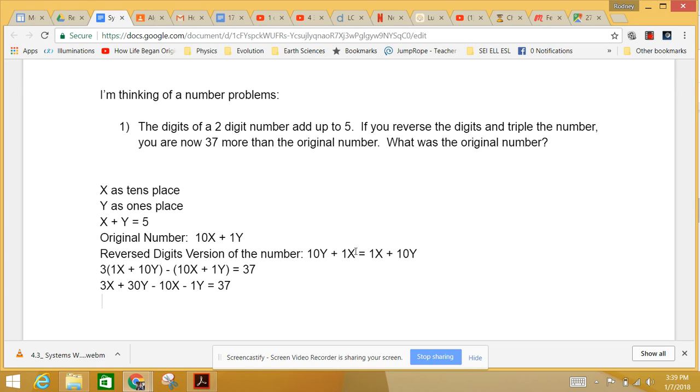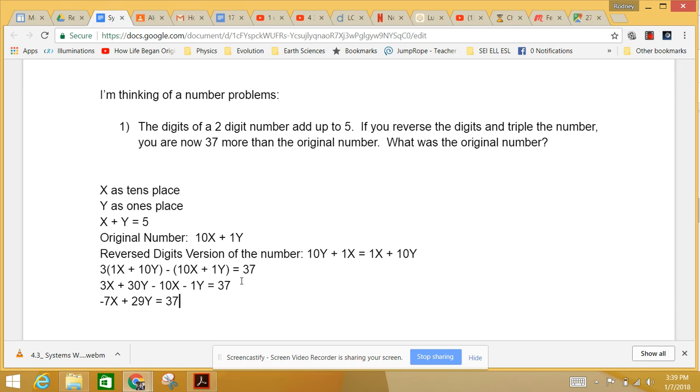Now, I'm going to combine all my like terms. This is the same as saying plus negative 10x. So I'm going to end up with negative 7x when I put 3x and negative 10x together. And then I've got 30y and 1y. So that's going to be plus 29y. And that's going to equal 37.